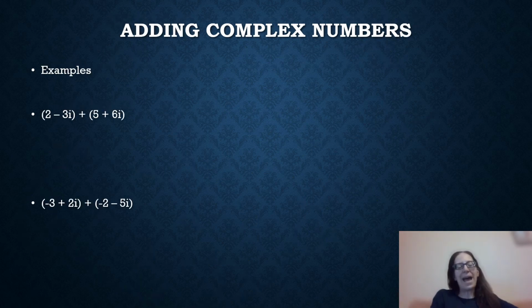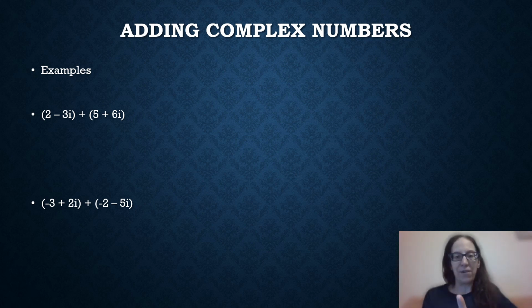So let's talk about adding complex numbers. This is about as simple as it gets. You can only add real parts with other real parts and imaginary parts with other imaginary parts. In other words, you can treat the i like it's a variable. It's not a variable, okay?